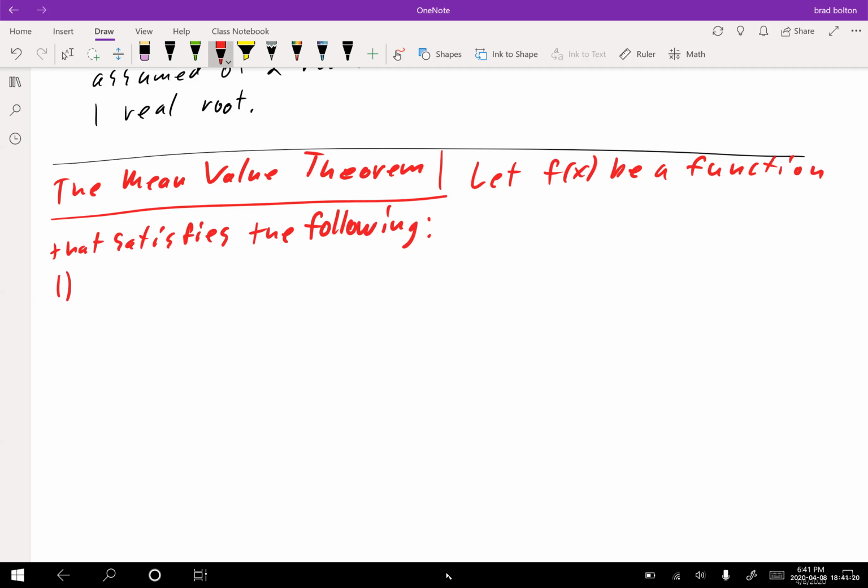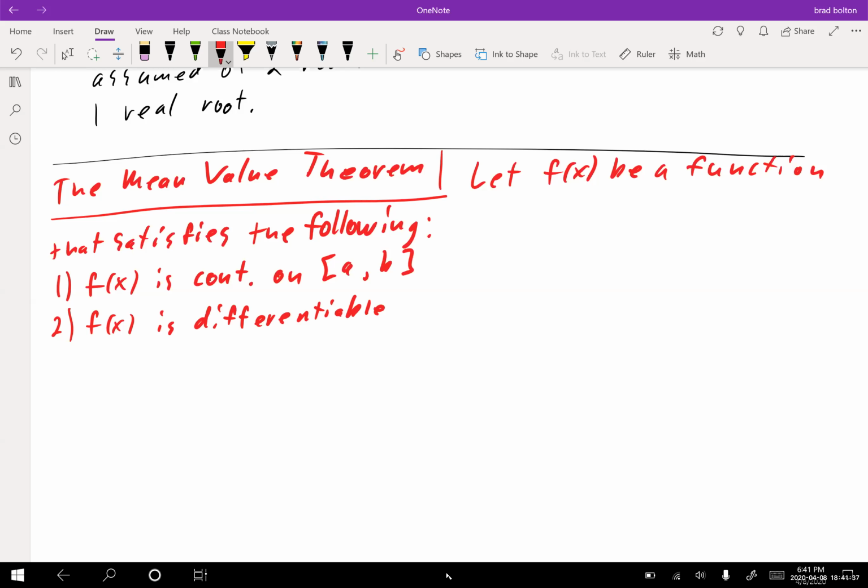One, f of x is continuous on a closed interval from a to b. Two, f of x is differentiable on the open interval.